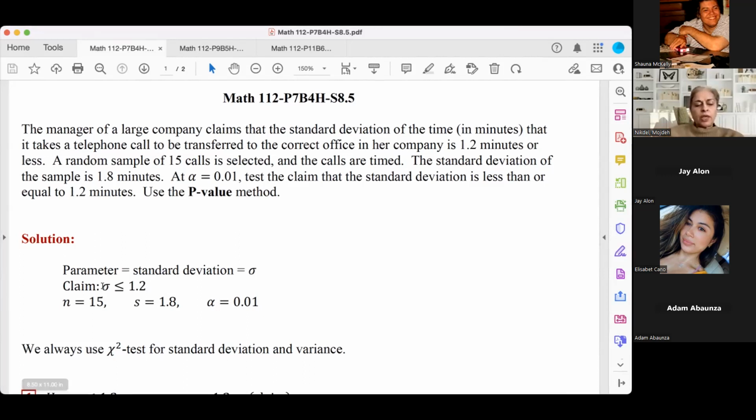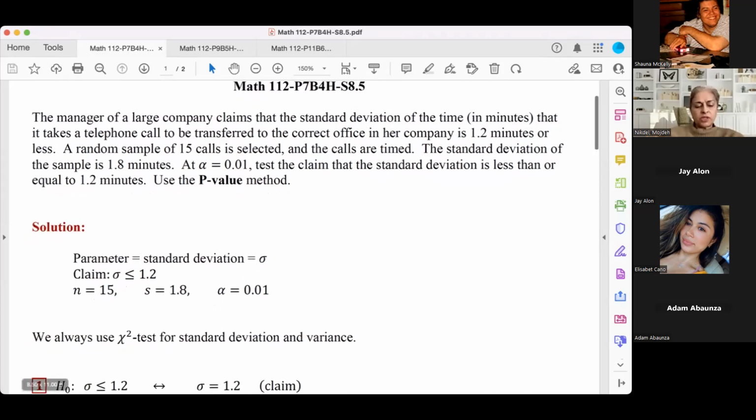Since your claim has less than or equal, any symbol that has an equal sign attached to it, like equal, less than or equal, greater than or equal, goes to the null hypothesis. So we put this claim next to the null hypothesis: H0, sigma less than or equal to 1.2.